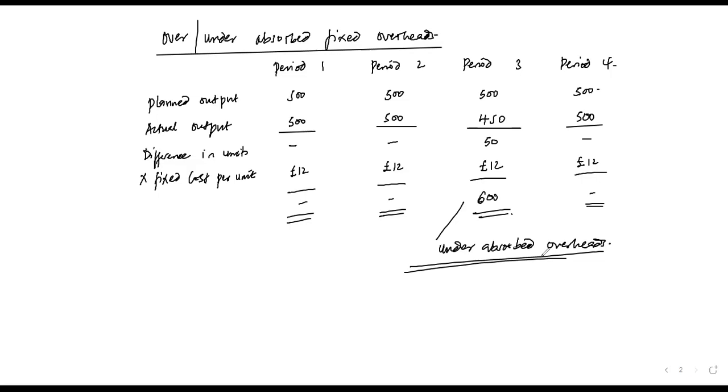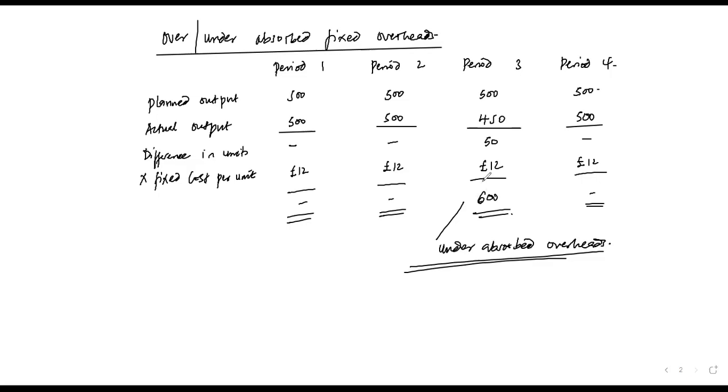Remember, our budgeted fixed cost per period was 6,000, but because in period 3 we are producing less, we are going to charge less. Now, less was charged to period 3.